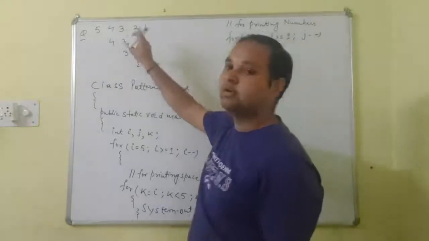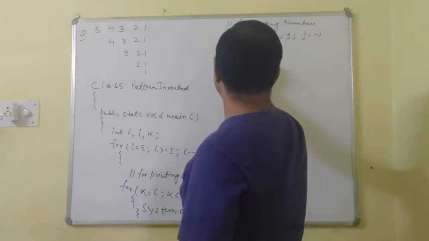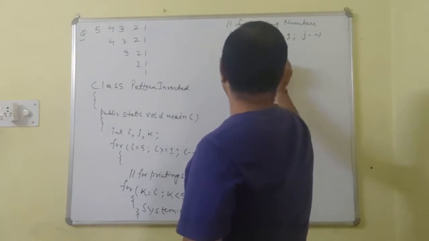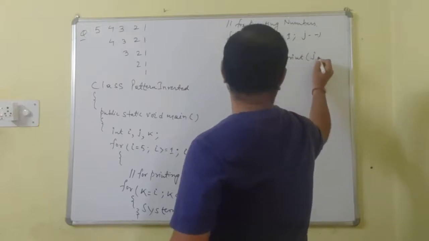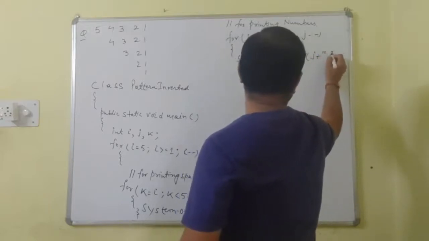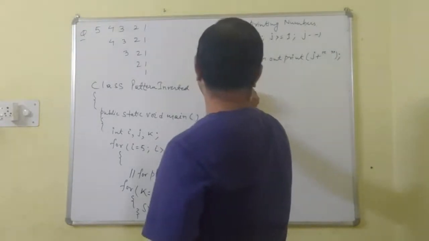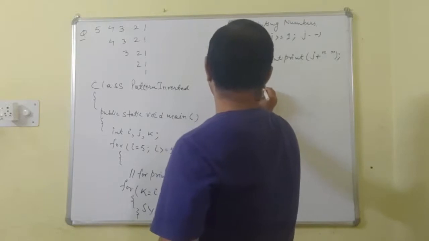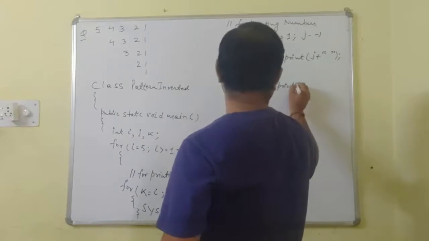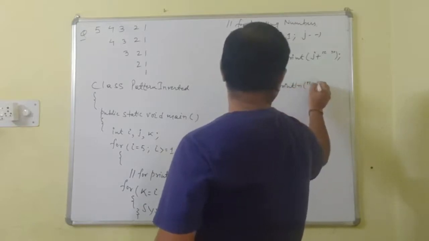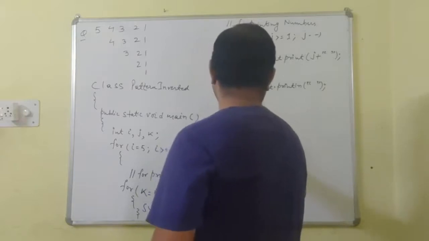So you write here System.out.print the value of j plus space between the elements and close the loop. Then we will change the line of the cursor. We will write System.out.println, close main method and class.